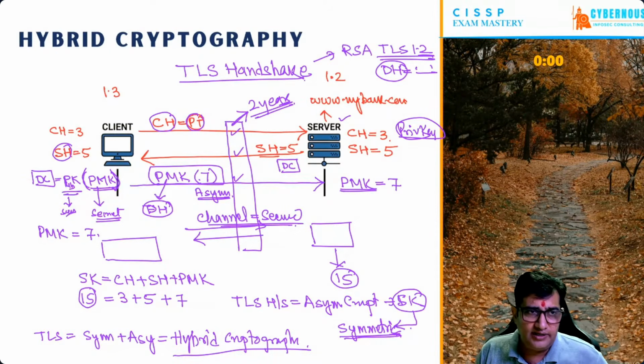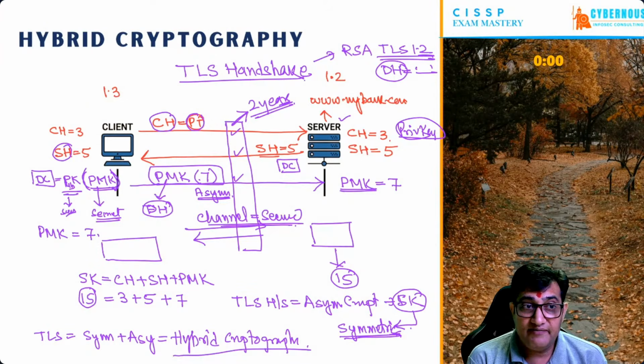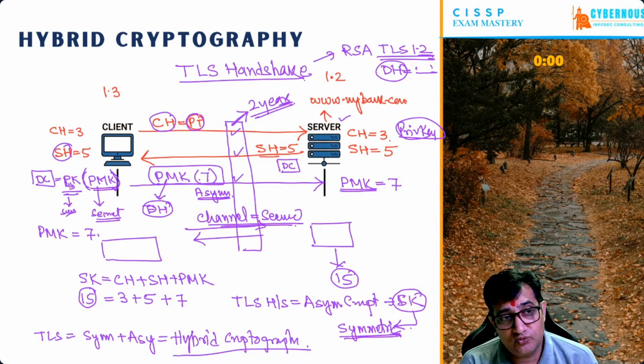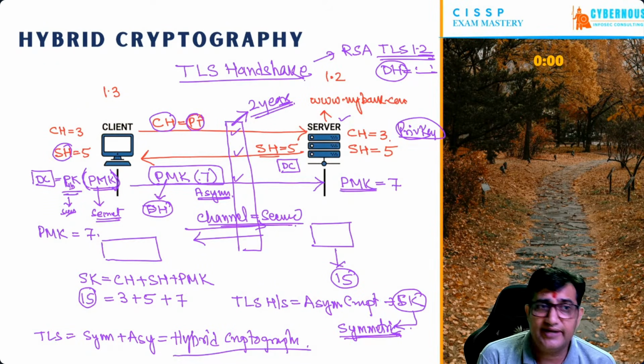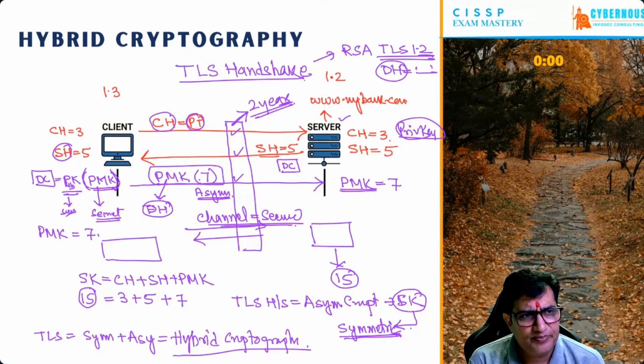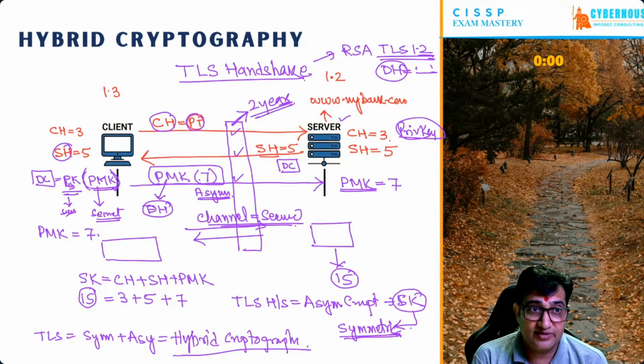But having said that, if the exam tests you, is TLS 1.2 secure? Yes, until today it is secure. It is being used, but there is a risk in that. There is already a risk in that. So you should be advising, as a security professional, for people to go for TLS version 1.3.